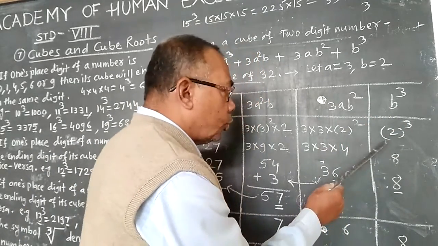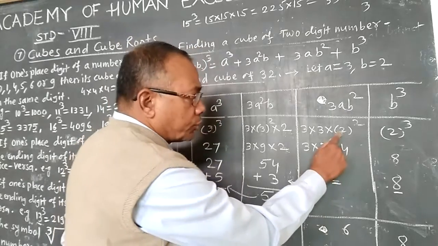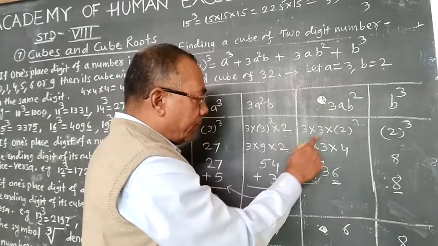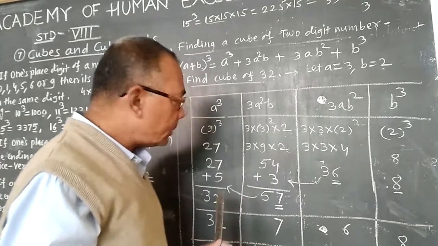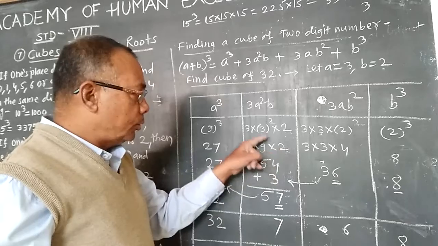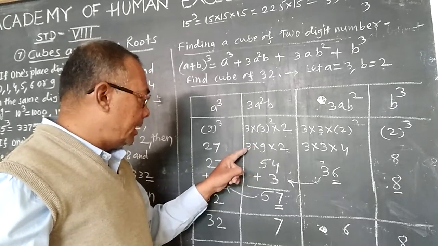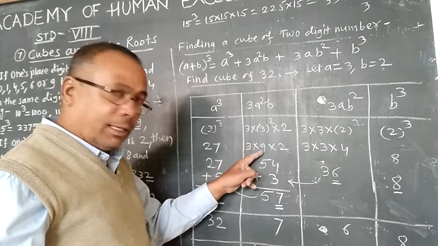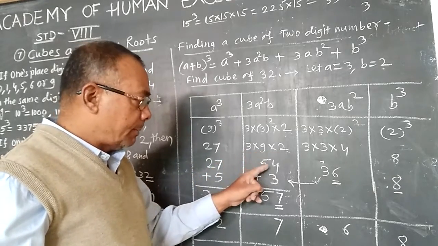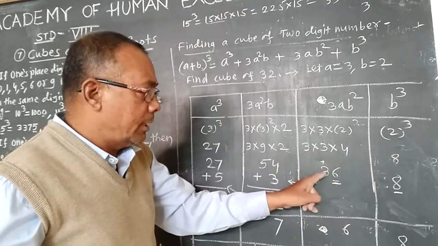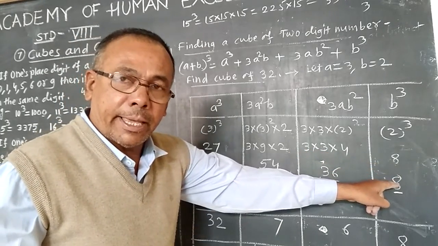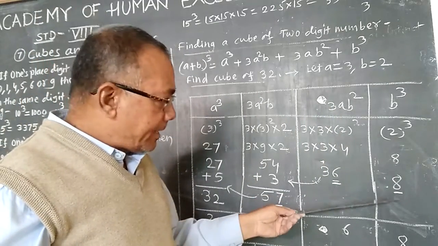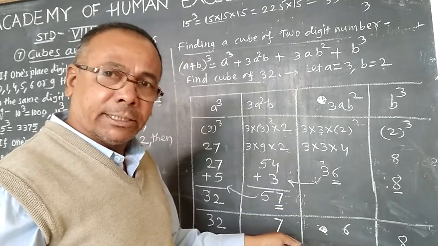Here 2 cube is 8. 2 square is 4, 4 into 3 is 12, 12 3s are 36. Then 2 into 3 square is 9, into 3, and 3 cube is 27. Write 27 as it is. Then 3 9s are 27, 27 2s are 54, 3 3s are 9, 9 4s are 36, and 8 as it is. Here 8 is only a 1-digit number, so write it as it is.